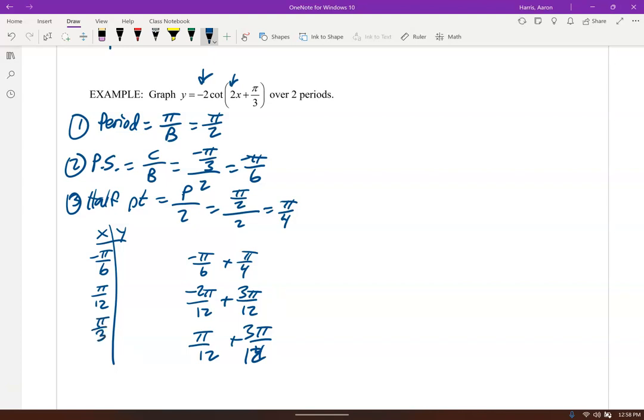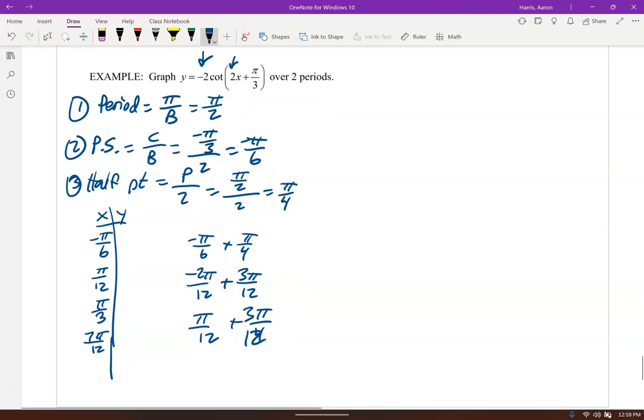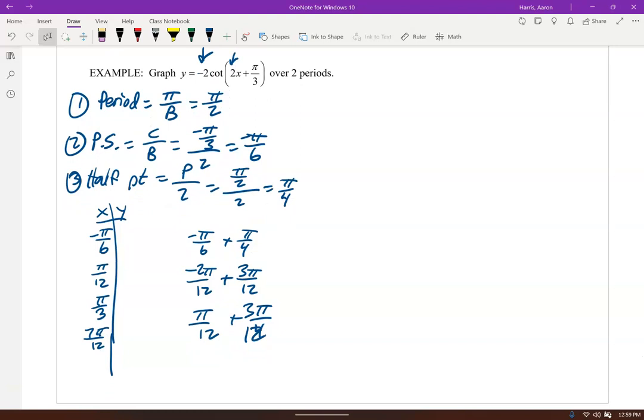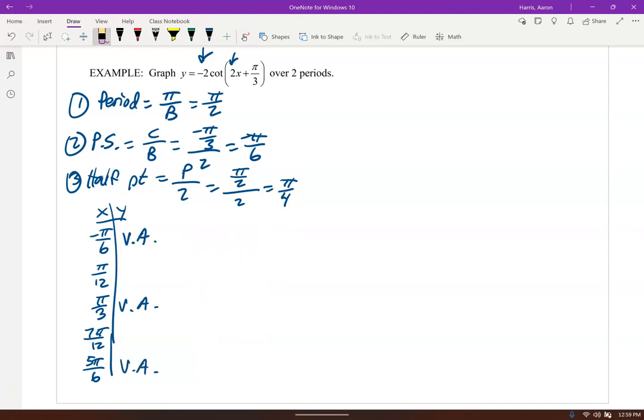Pi/3 plus another pi/4, 7 pi/12. And then I'll go up another half point from there. 7 pi/12 plus 3 pi/12 is 10 pi/12, which is 5 pi/6. And we could test these, but you're going to have vertical asymptotes there, they're going to be undefined, those spots. And the other ones are going to be intercepts at pi/12, 7 pi/12.